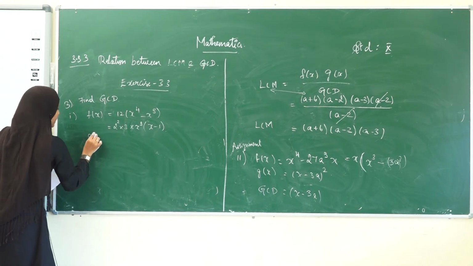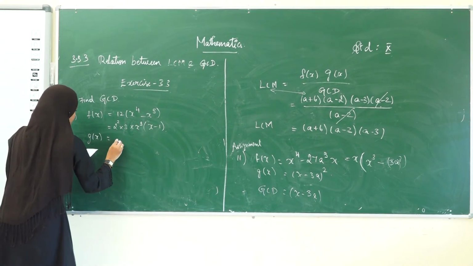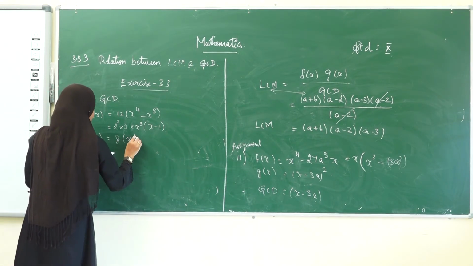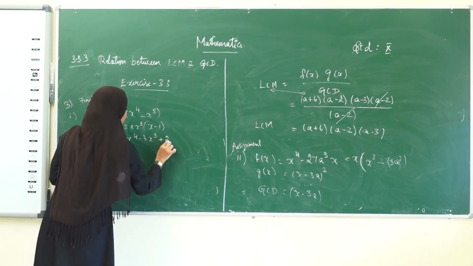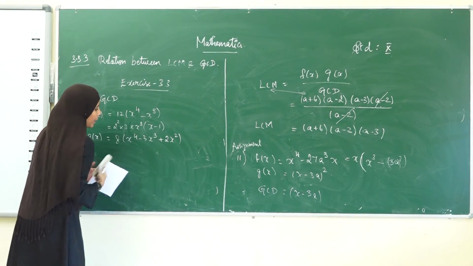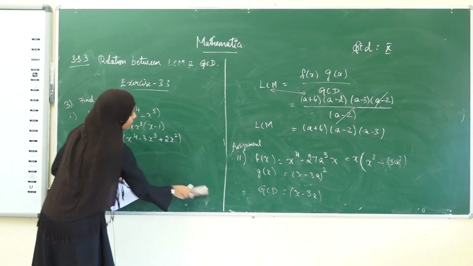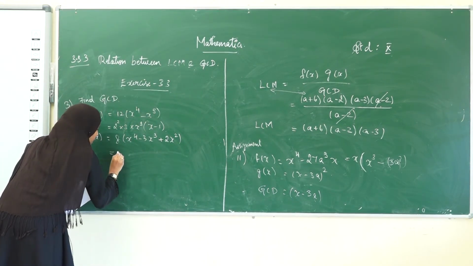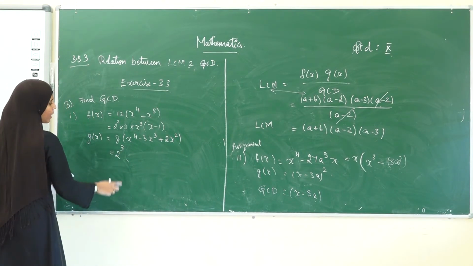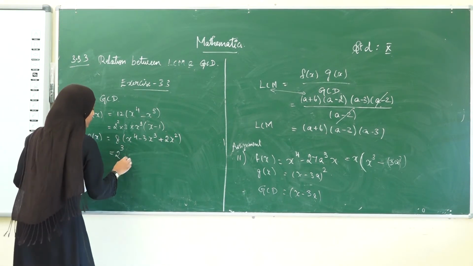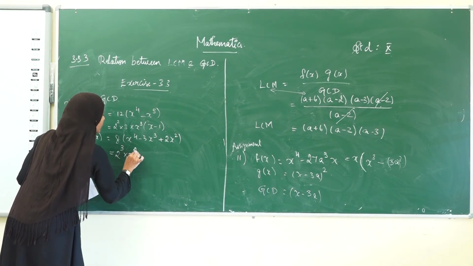Okay. Now let us take g of x. What's the next term they have given? 8 into x power 4 minus 3x cube plus 2x squared. Okay. This can be expanded as 2 cube. 2 cube is 8, and here we have x square as common in all the terms. Therefore, we are going to take x squared outside.